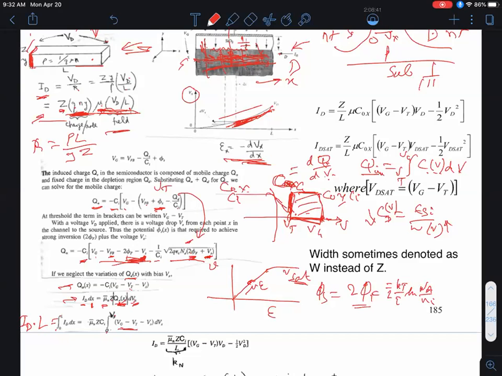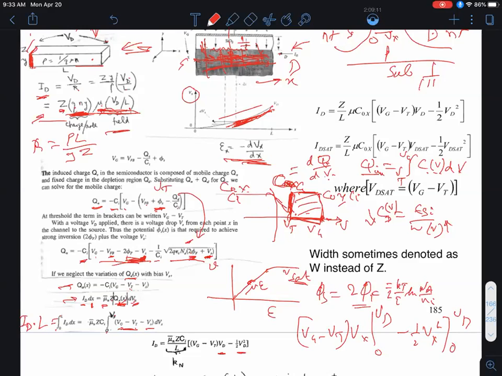Well, this term is a constant, so that'll give you Vg minus Vt times Vx between the limits, of course, of 0 to Vd. So that'll give you this first term over here. And this integral of Vx dVx will give you half Vx squared, so minus half Vx squared, once again between the limits of 0 to Vd. So that'll give you this final term over here, okay?